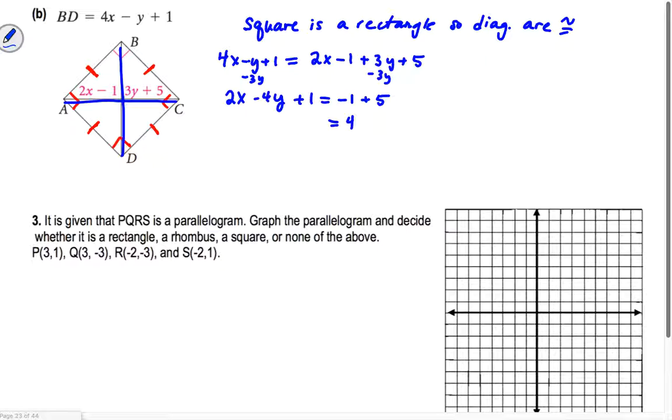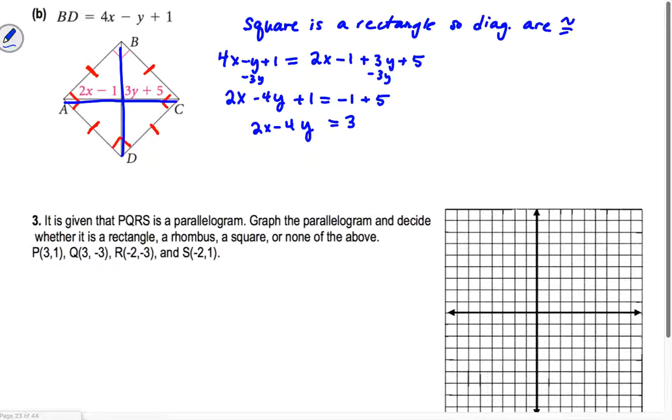But if I subtract that 1 over, I'm going to have 3. So I have 2x minus 4y is equal to 3. Okay, and it looks like we can't solve it because we have x and y. So in order to solve an equation that has both x and y, we need a second equation that has x and y. So is there one more equation that we can get from here?